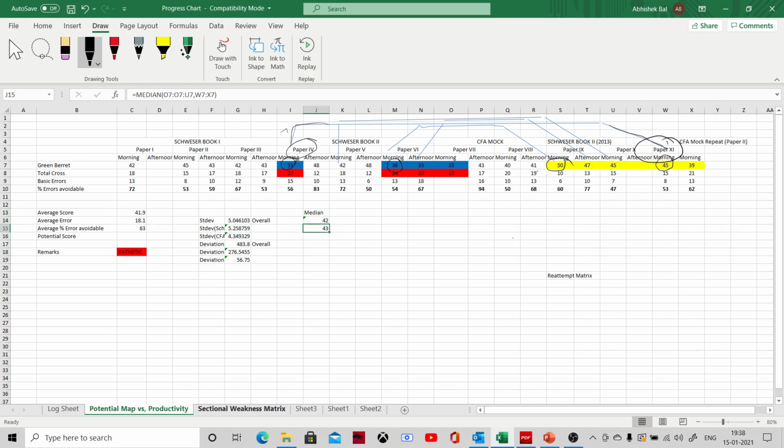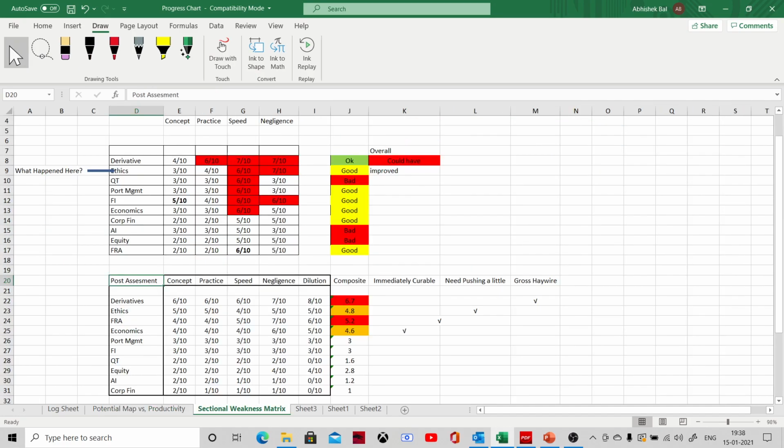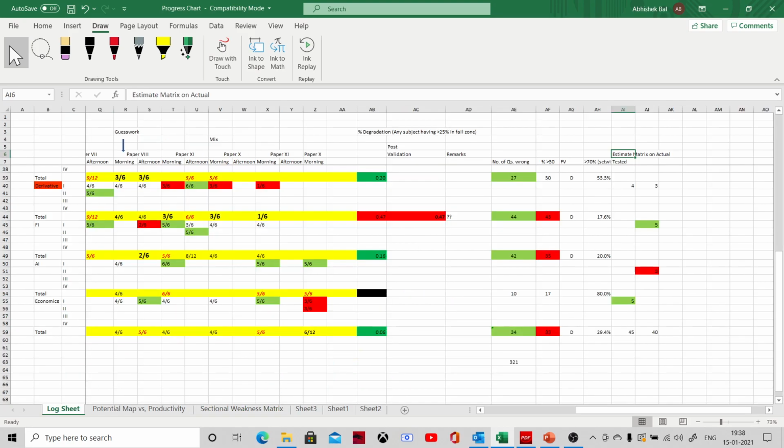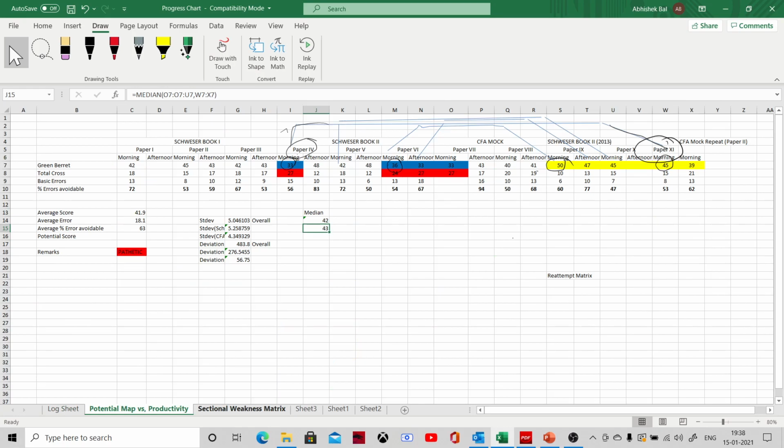Okay, now coming back to this, one more important thing, and this is a very interesting slide which I want all of you to look at, to see what exactly I did here. This is nothing but the culmination of the first two sheets, the log sheet and the potential map versus productivity sheet.